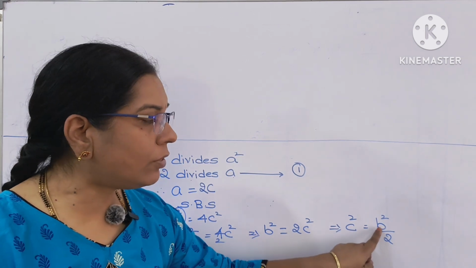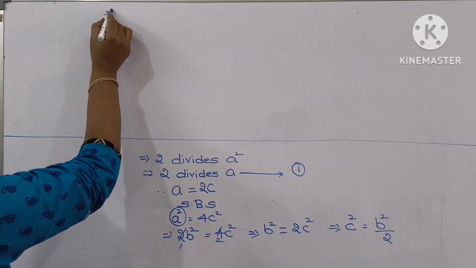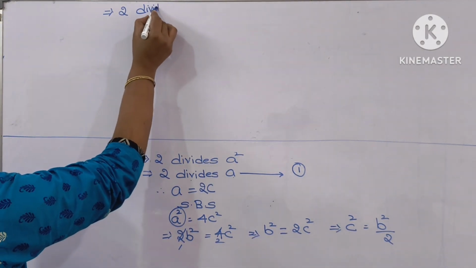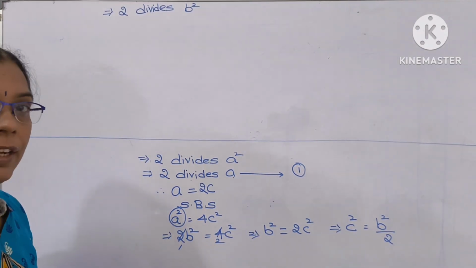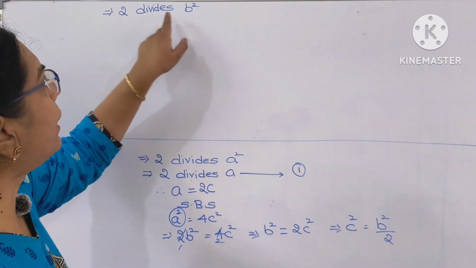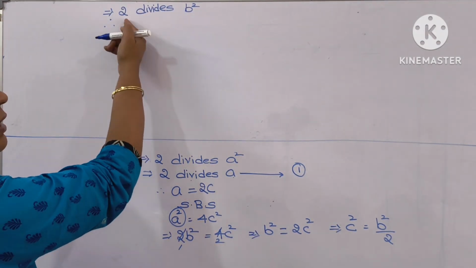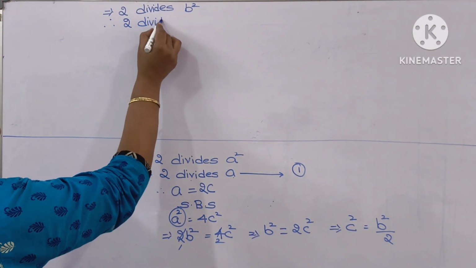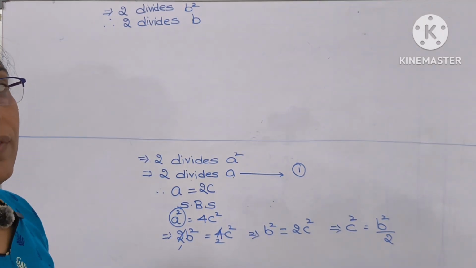It means that 2 divides b square. And what did I tell? If the square of a number is divisible by 2, then the number itself is divisible by 2. Therefore, 2 divides b.